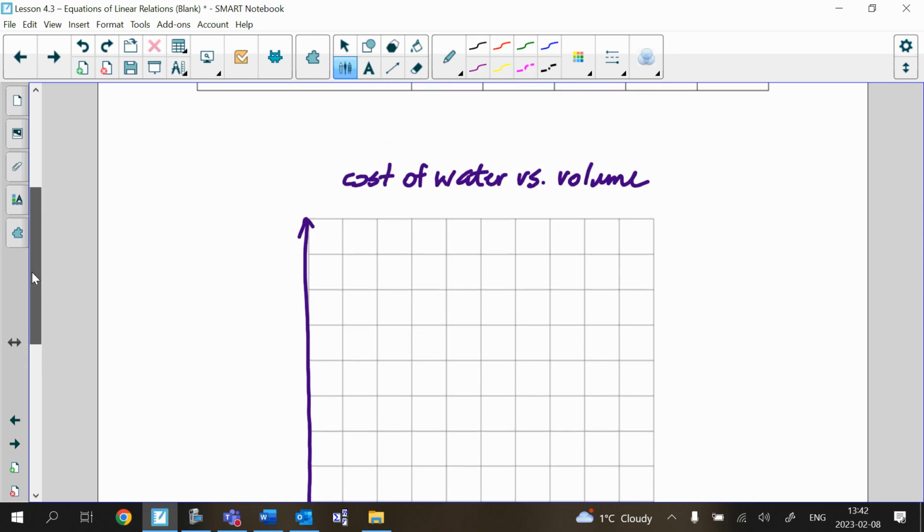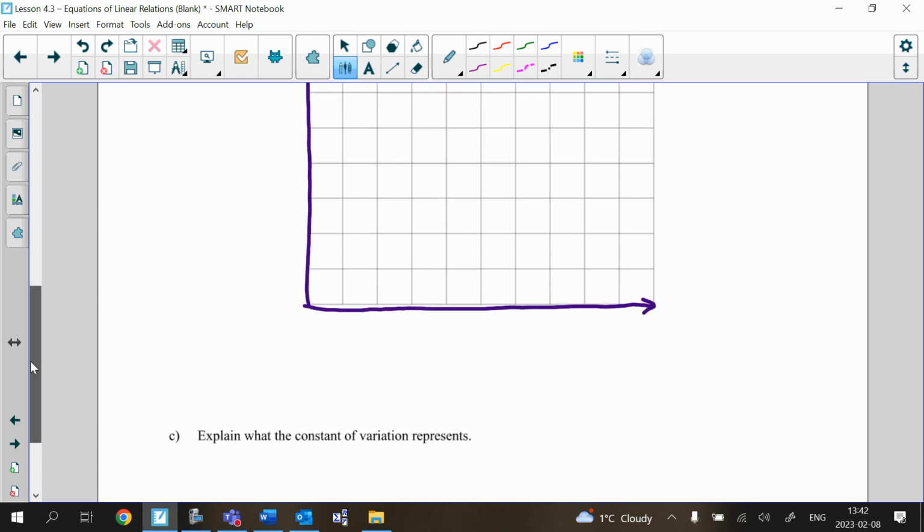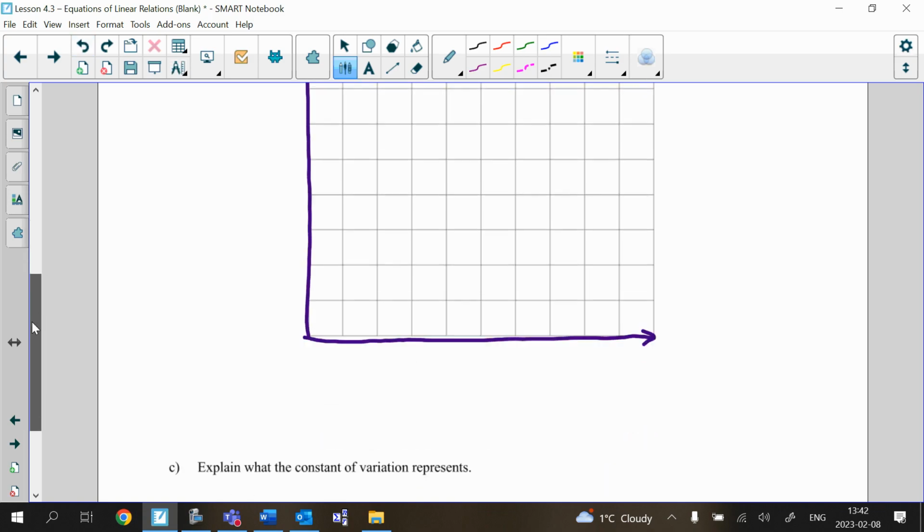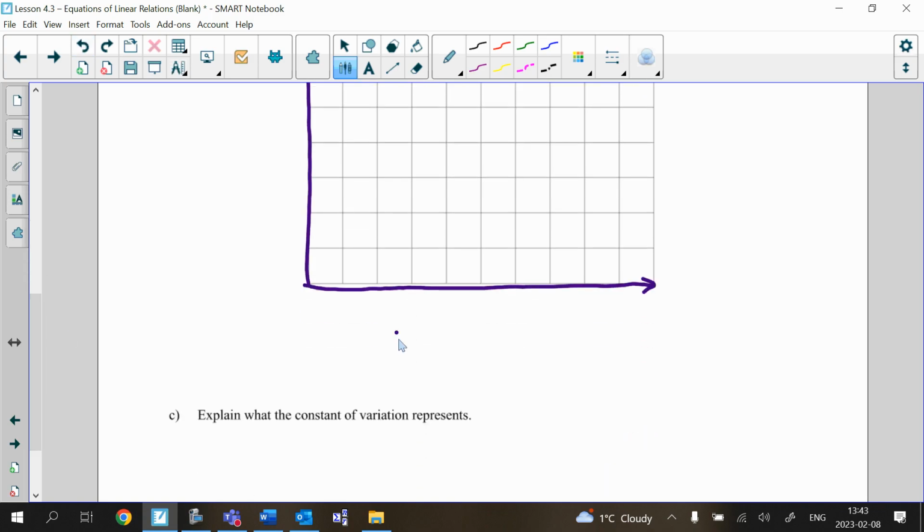And we have to start at 0, 0. Well, it's pretty easy to see what the scales are. We chose 2, 4, 6, 8 on the horizontal, so let's just go 2, 4, 6, 8. And then the values we got on the vertical were 4, 8, 12, 16. So let's go up by 4s.